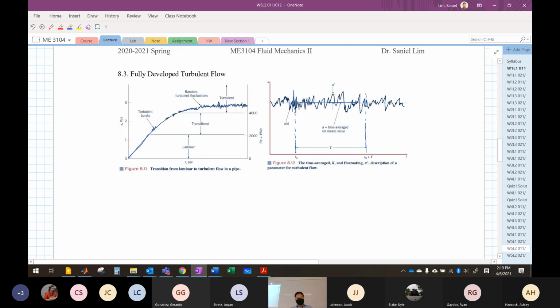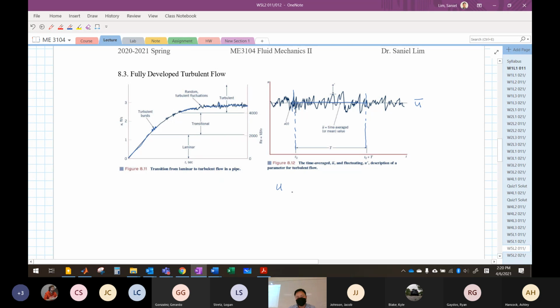You measure for 1 or 2 seconds, or 3 or 4 seconds, or if the turbulence is strong, a shorter time. Then get the average of the values, and that's going to be the average velocity.